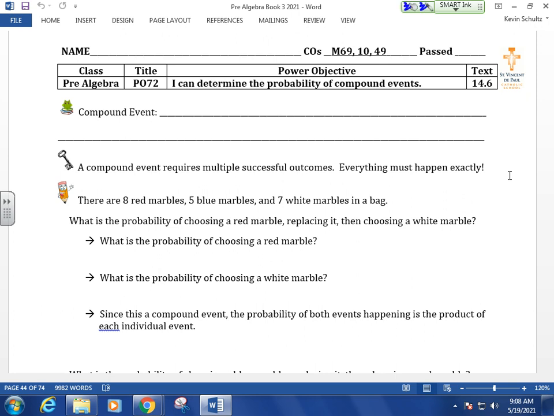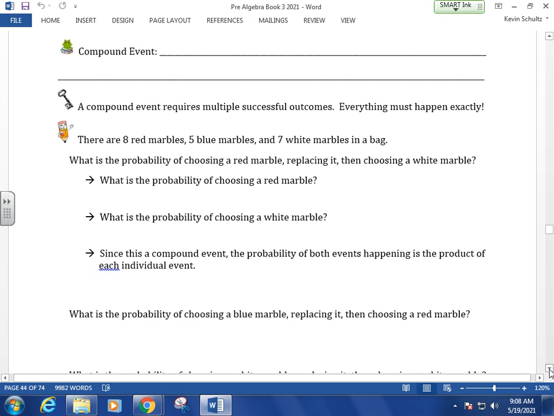The people have spoken. Okay, so determining the probability of compound events. A compound event, we know what compound words are, right? What are compound words? Right, two words put together. Backpack would be a compound word: back and pack together.